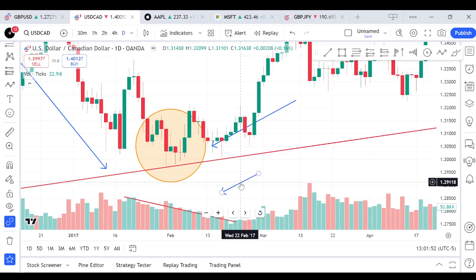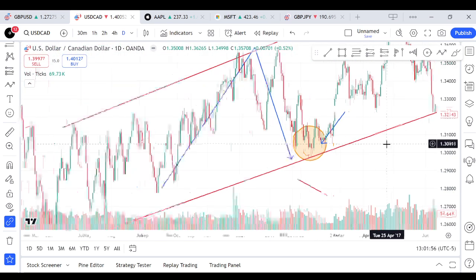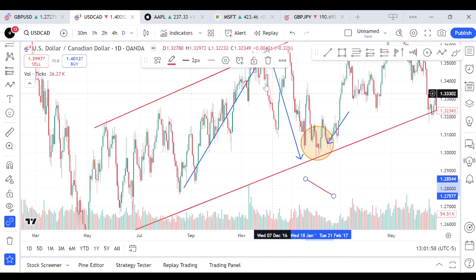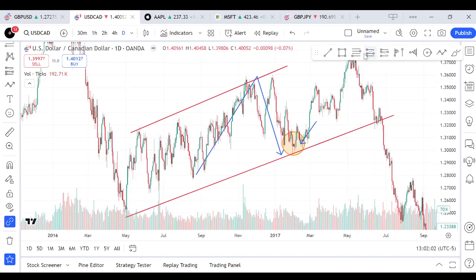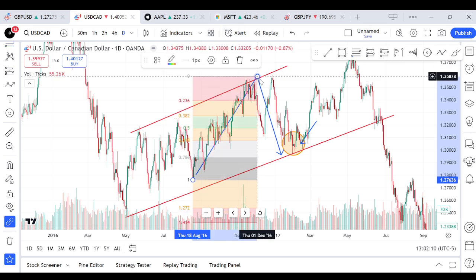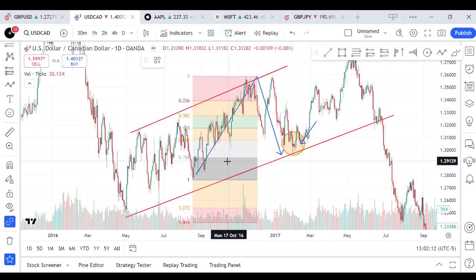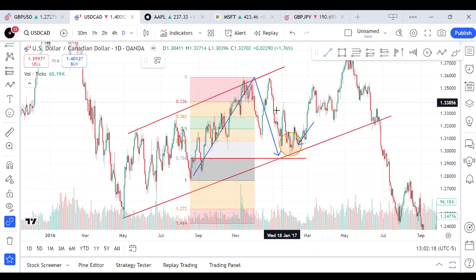You could also use your moving averages or your Fibonacci or your support and resistance levels to confirm the validity of your bullish shooting star candlestick pattern. For example, from this low here to this high, this got to the 78.6% Fibonacci level.